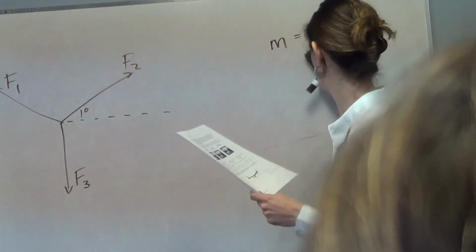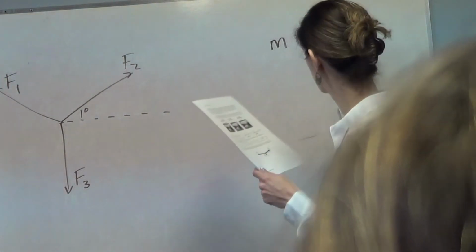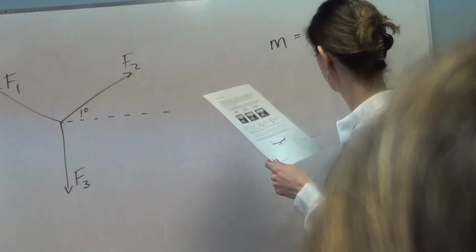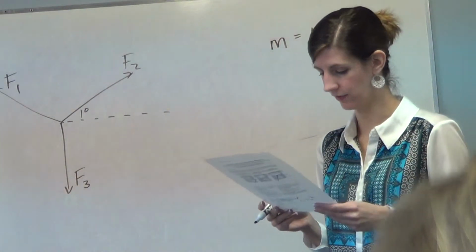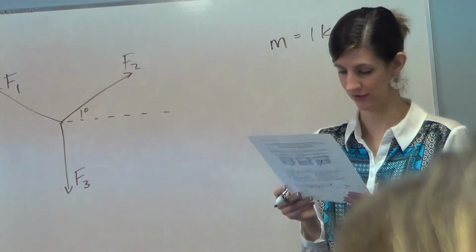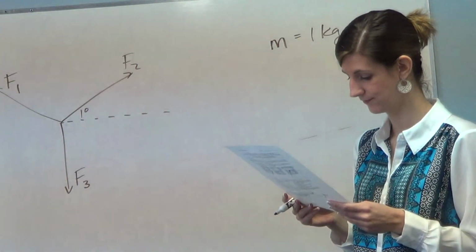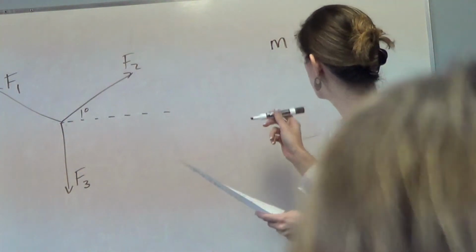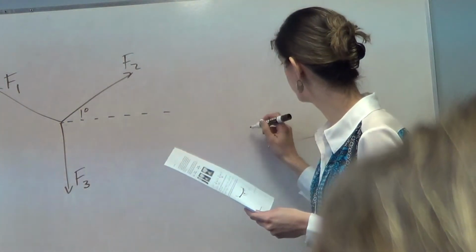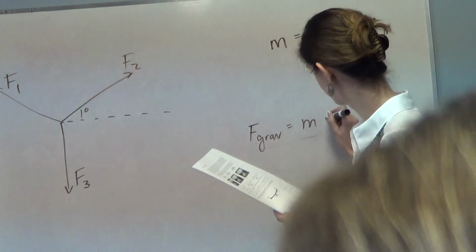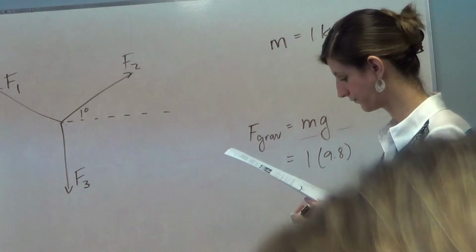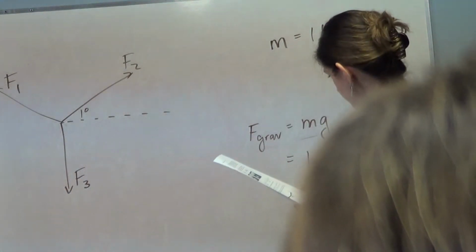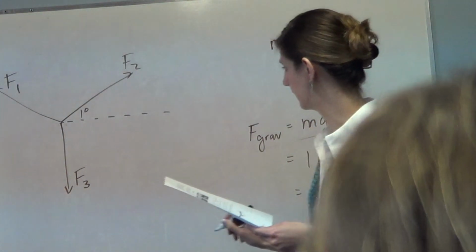Yeah, F grav, which in this case is force 3. So if the mass is 1, how do I calculate the gravity? 1 times 9.8, so that's 9.8.